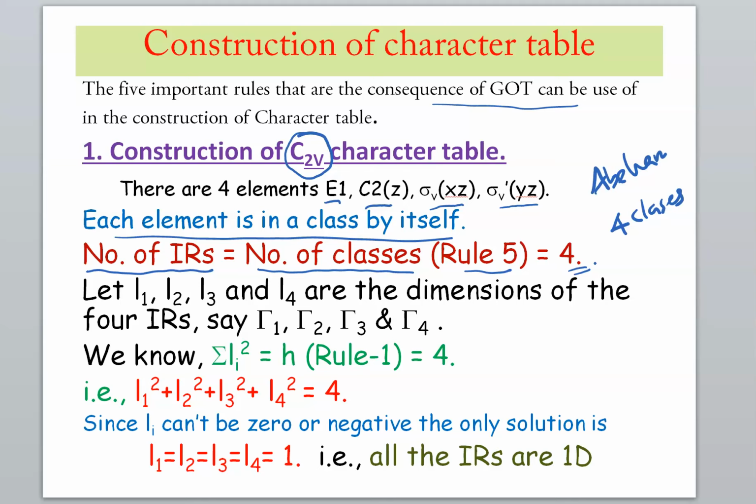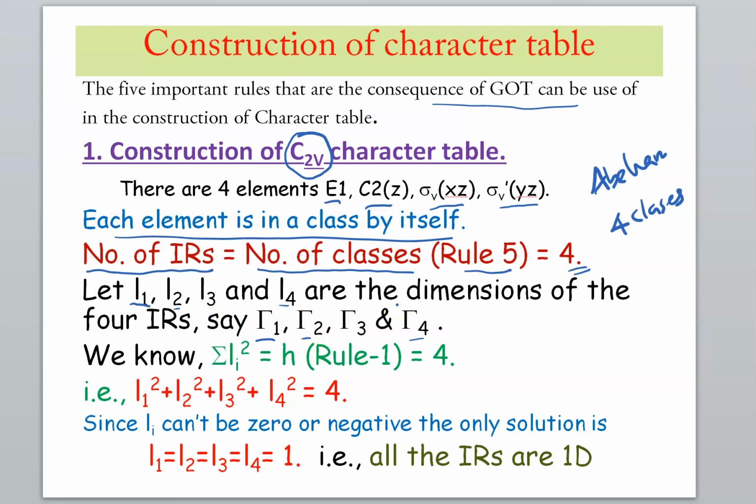Let the dimensions of the IRs be l1, l2, l3 and l4. Say we are using an arbitrary notation, gamma 1, gamma 2, gamma 3 and gamma 4. The dimension of IR gamma 1 is l1, the dimension of gamma 2 is l2, and like that.